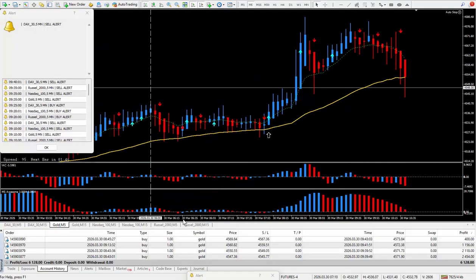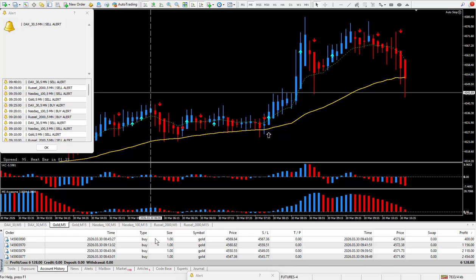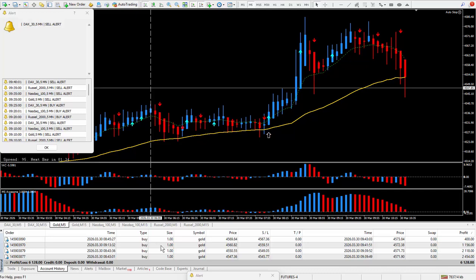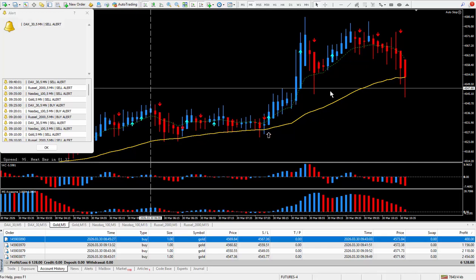Okay, let's run a check on this. As I mentioned, I traded gold. I bought gold 4 different times right here, as you can see. And of course, let's drag and drop this up, see where I got in on the first one. Okay, got in here, did another cycle, which I knew that it could do.